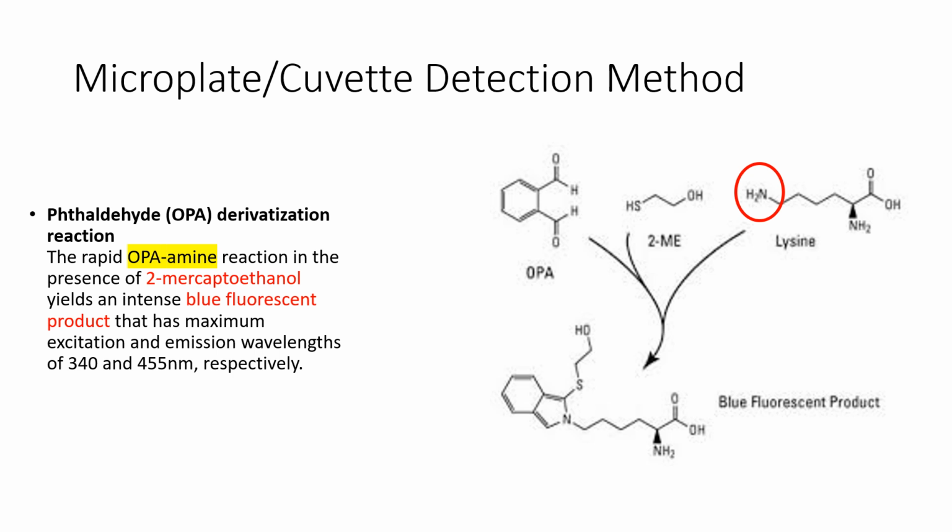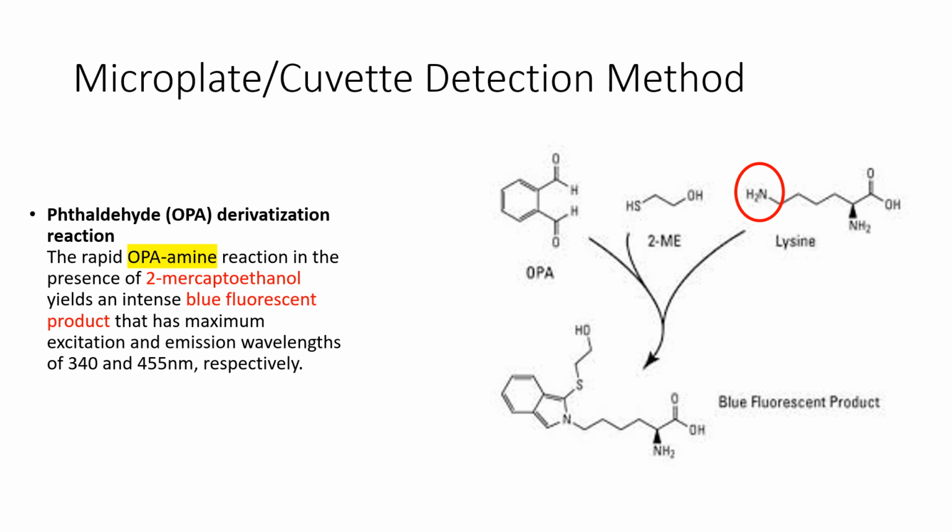And then the next method is the fluorescent dye-based assay. For example, for the fluorescent dye, we can have the OPA, the o-phthalaldehyde derivatization reaction.